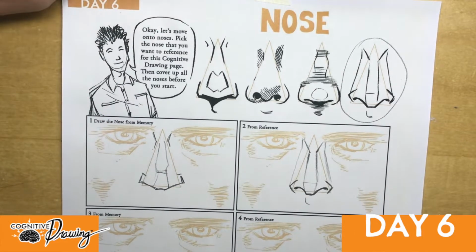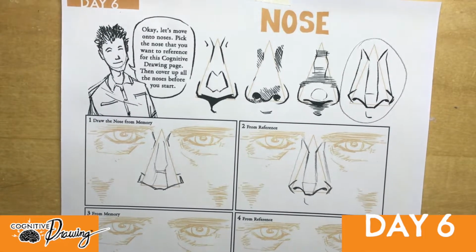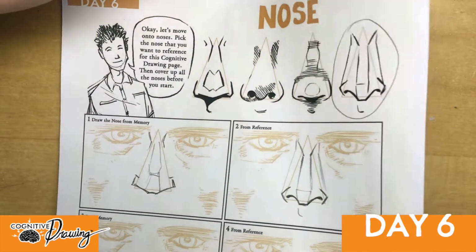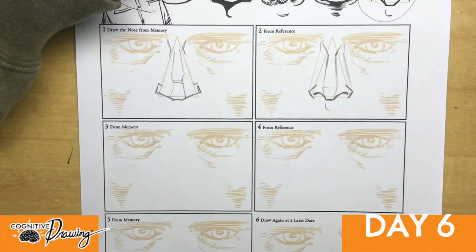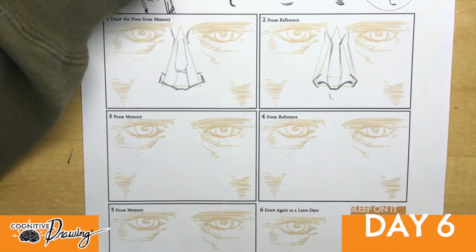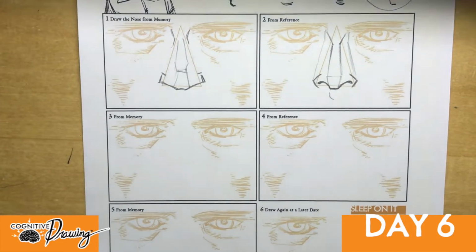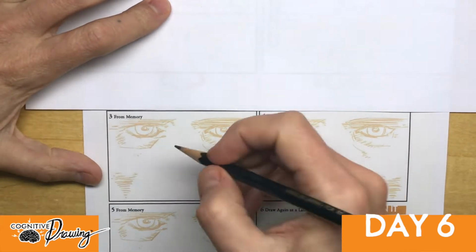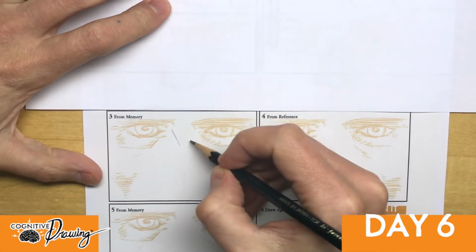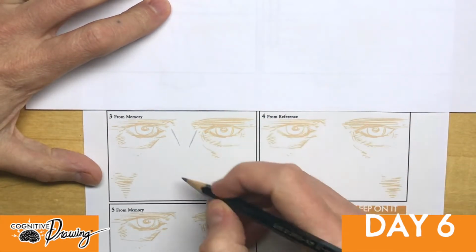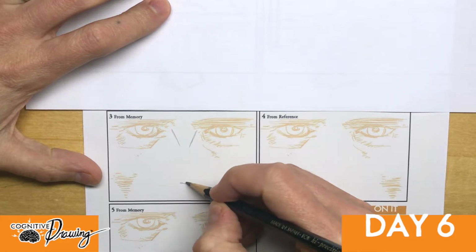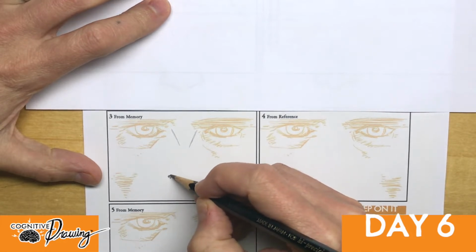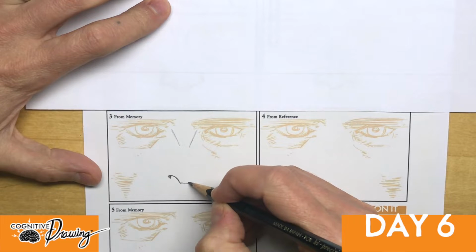Now let's see if I can do this from memory. Do you think I can do it from memory? We'll find out, won't we? Oh, and there's no triangle. Okay, well, I seem to remember this bridge being lower. There was this kind of curved nose hole.